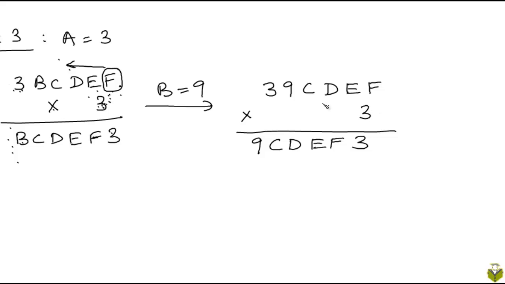So we can conclude from this that the multiplication of this 3 with this previous letter should have resulted in no carry at all into the last column. The carry should have been a 0. But when 3 is multiplied by 9, the carry cannot be a 0, because the product of 3 and 9 is 27, and if we add to 27 a carry from the previous column over here, then the result is going to be at least 27, if not more.